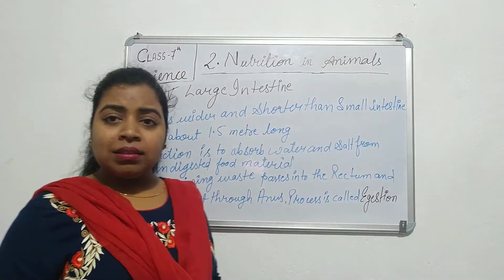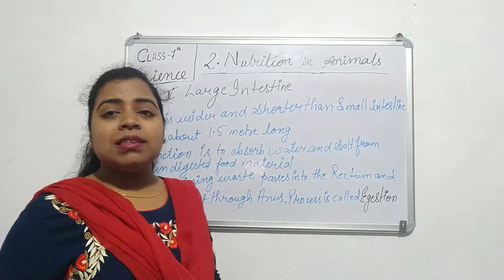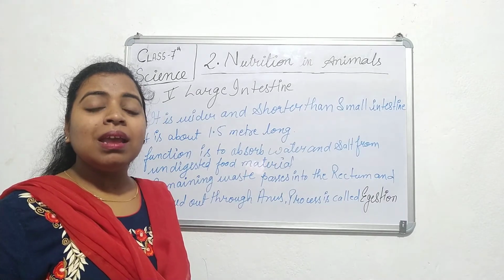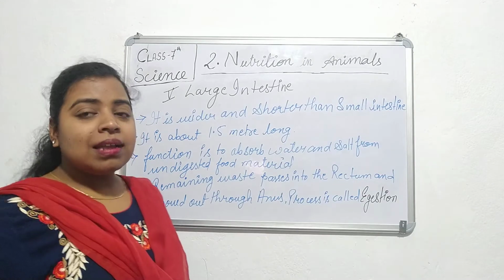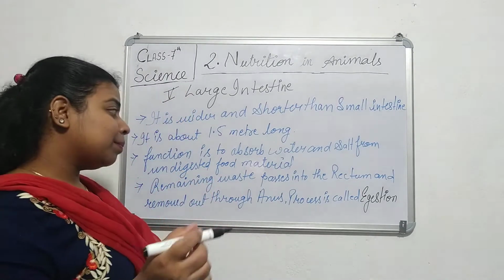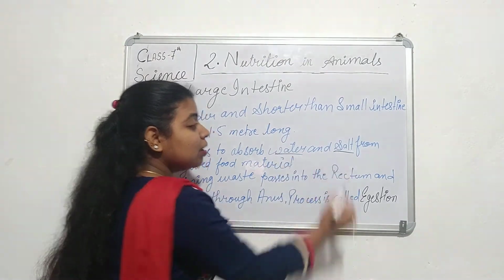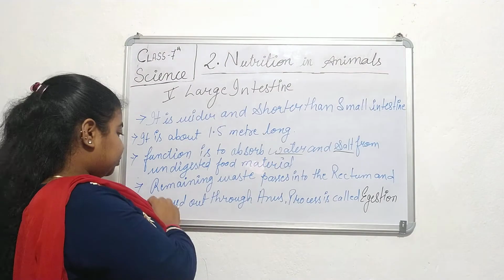When the digestion completes in the small intestine, the undigested food material passes to the large intestine, and from that undigested food material, water and salt are absorbed by the large intestine.